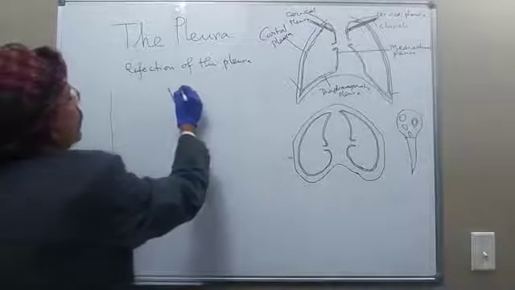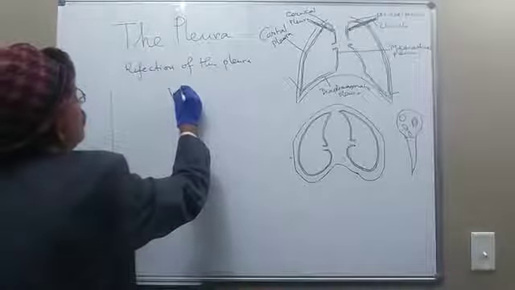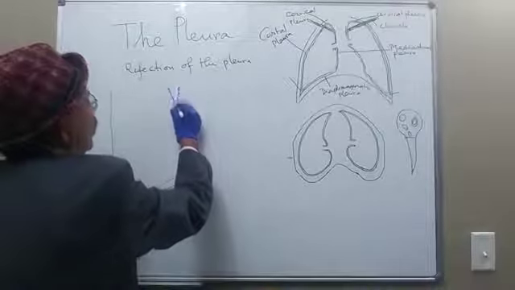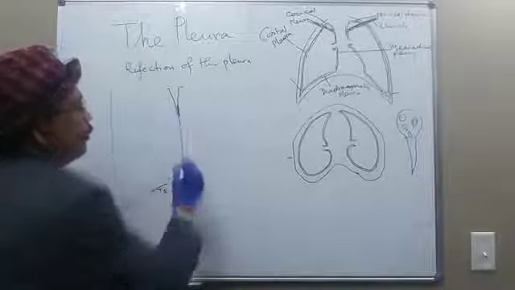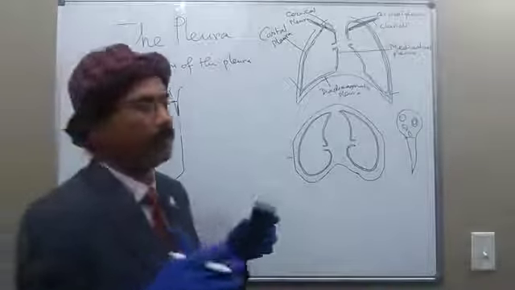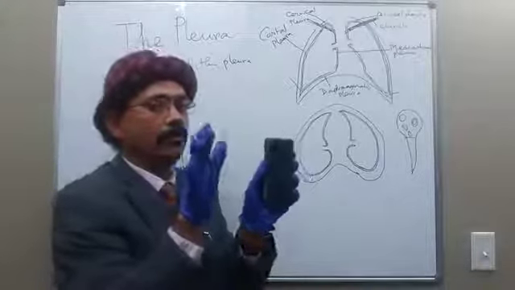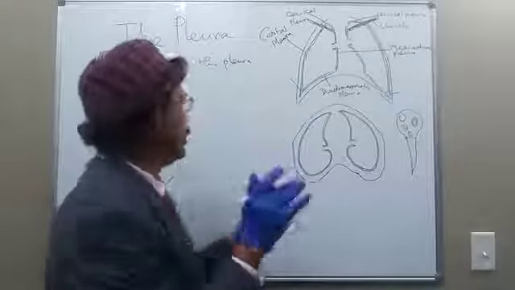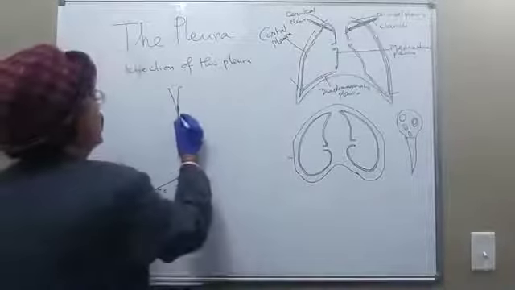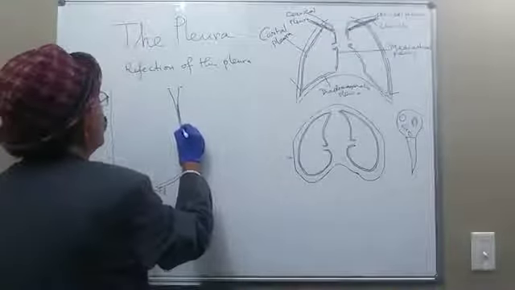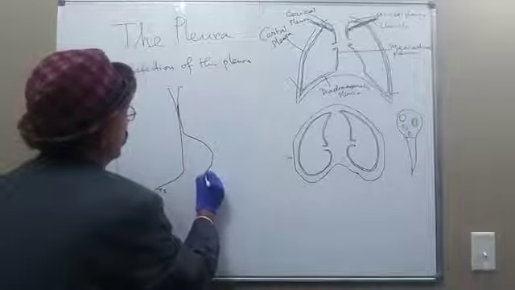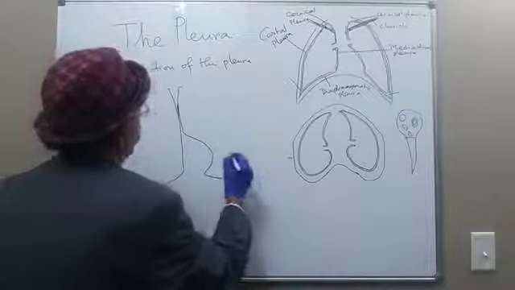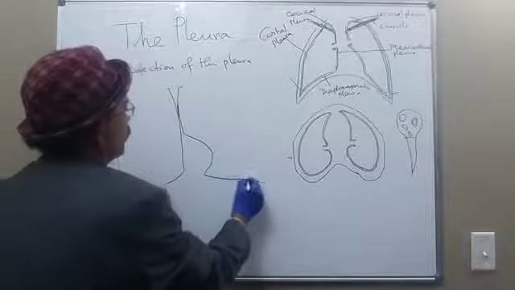On the left side, from the first costal cartilage, it goes to the midline, and both of them are in close approximation. Although the pleural cavities are independent cavities, the reflections of the pleura come close together near the sternal angle. Then it goes to the fourth costal cartilage, then the sixth costal cartilage, then follows the costal margin.